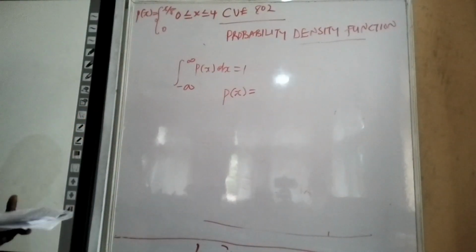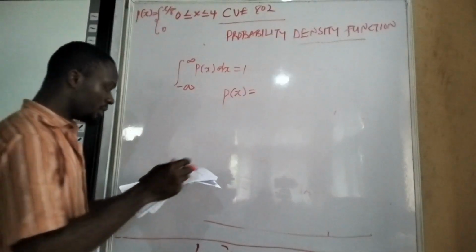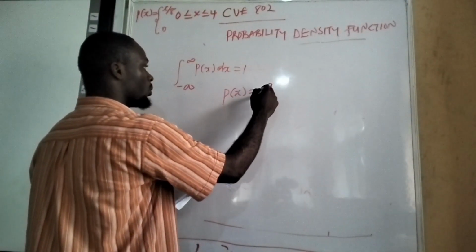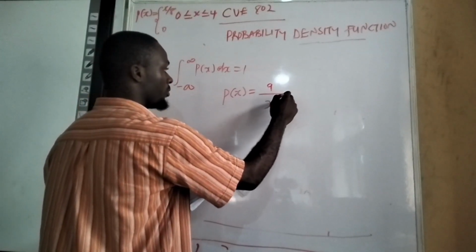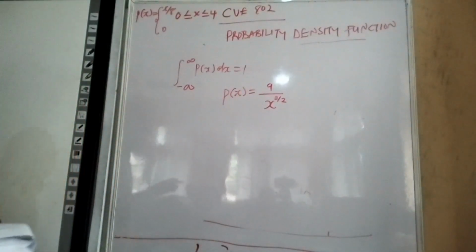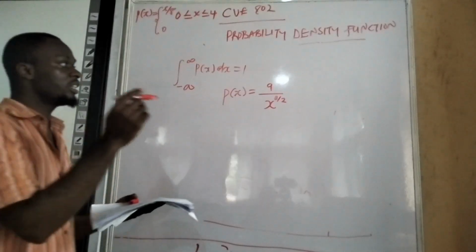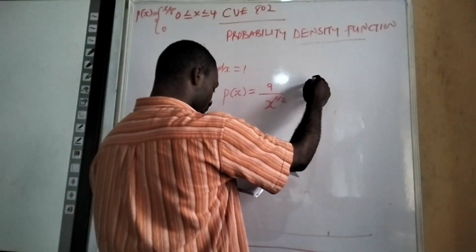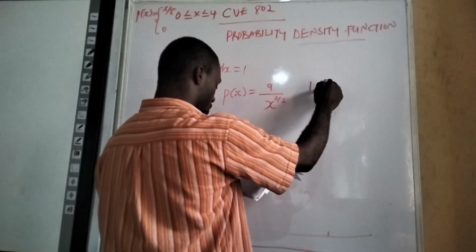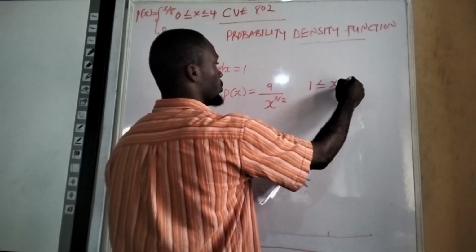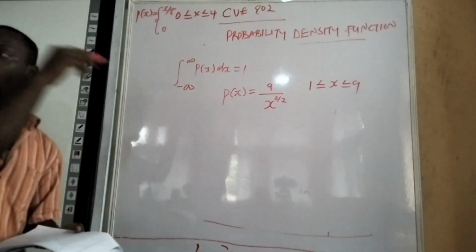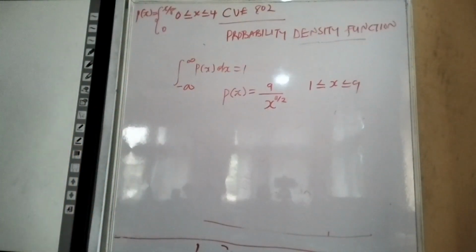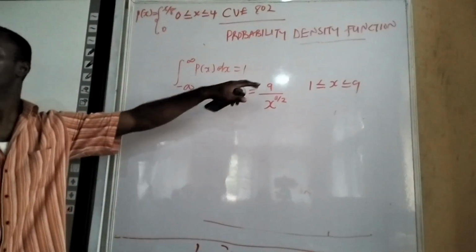We're giving the function, equal to a over s cubed over 2, and we're giving the range that the value of s ranges from 1 to 9, inclusive. We're not asked to find this a.